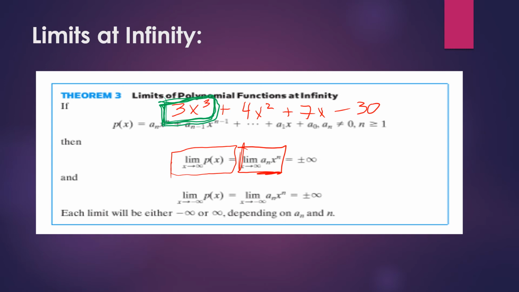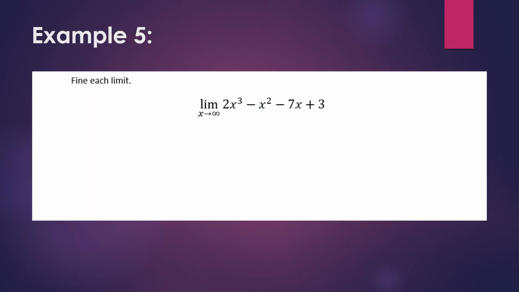In example 5, they say find each limit. So finding each limit. My highest degree here is really just my 2x cubed. So what I'm really looking at is the limit as x approaches infinity of 2x cubed.